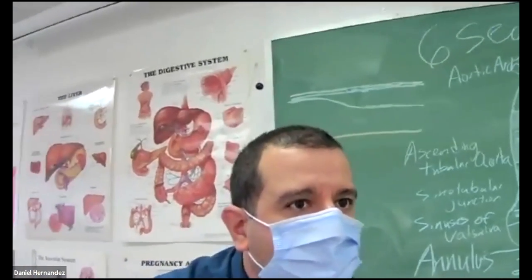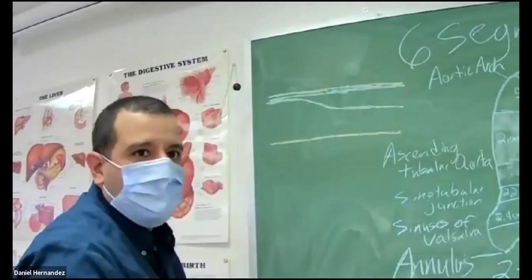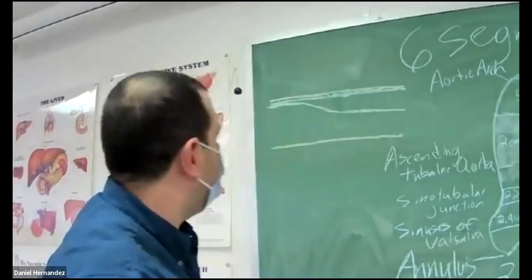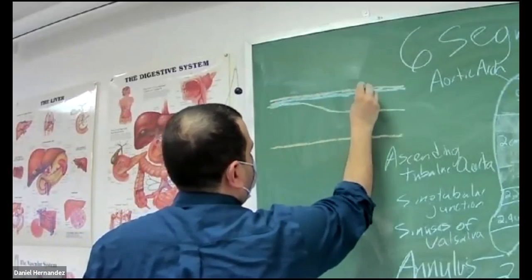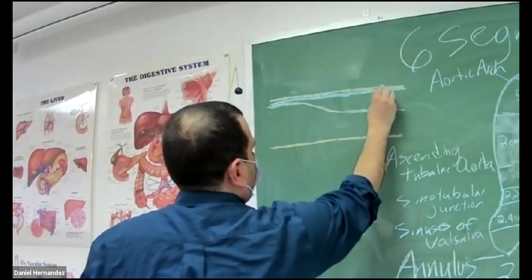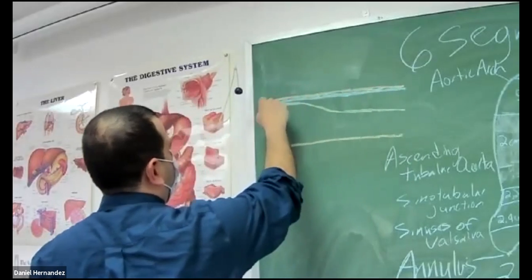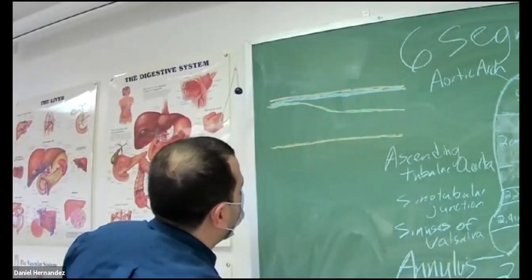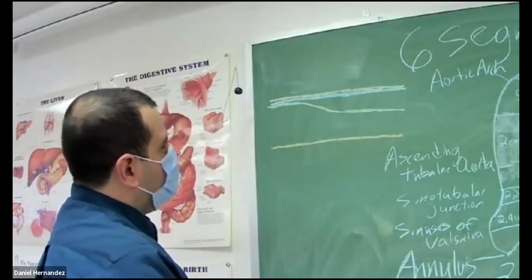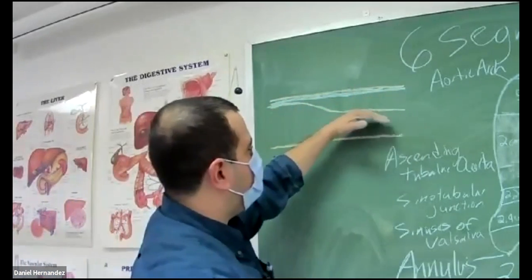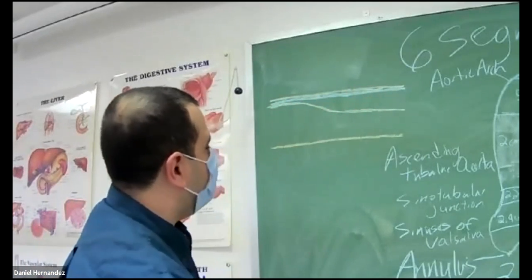Can you guys see the colors? So this blue is going to be our medial layer, our tunica media. This orange would be our adventitia, the outer layer. So this green here would be our intimal layer, inner layer. So we're getting a separation of that intimal layer from the medial layer.